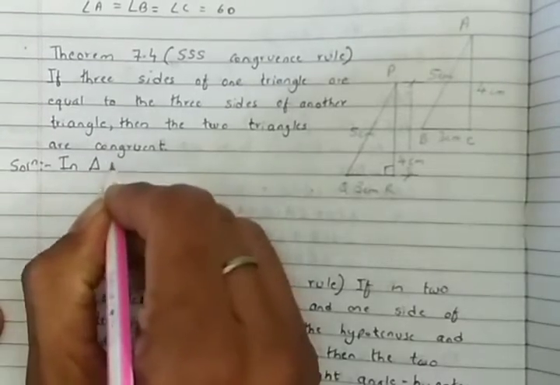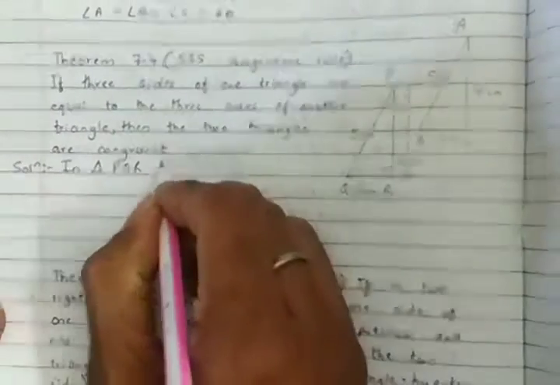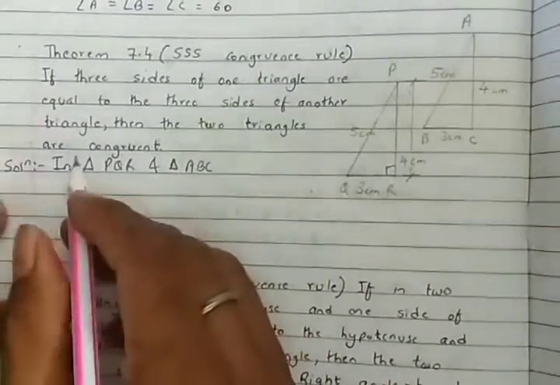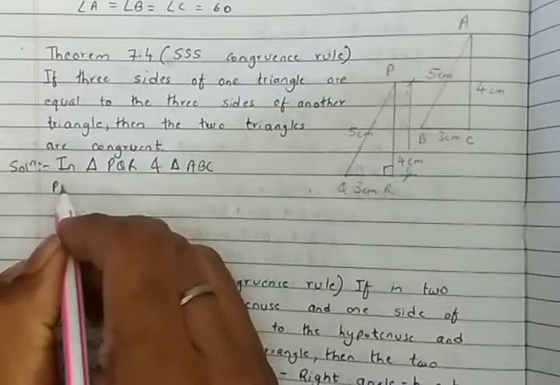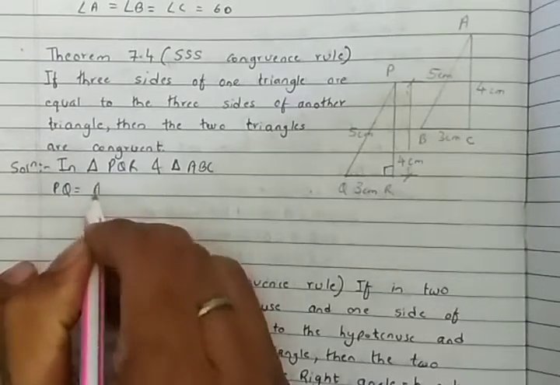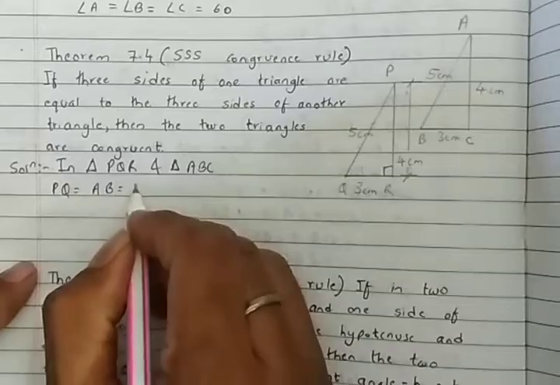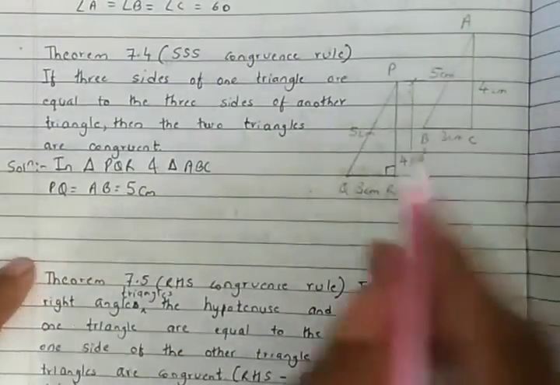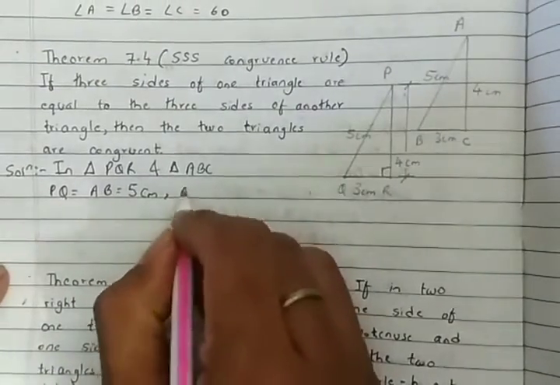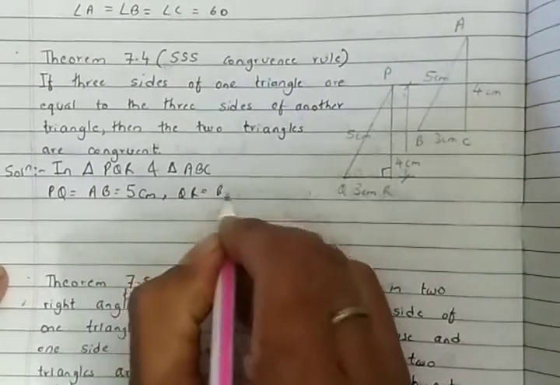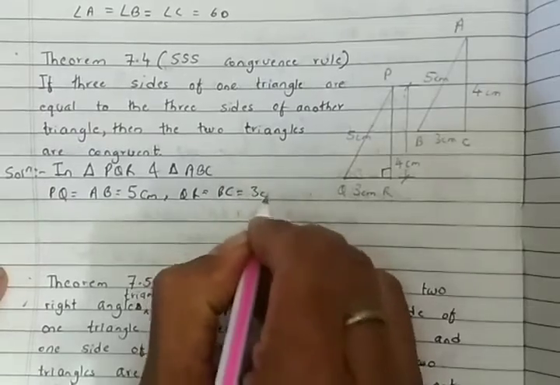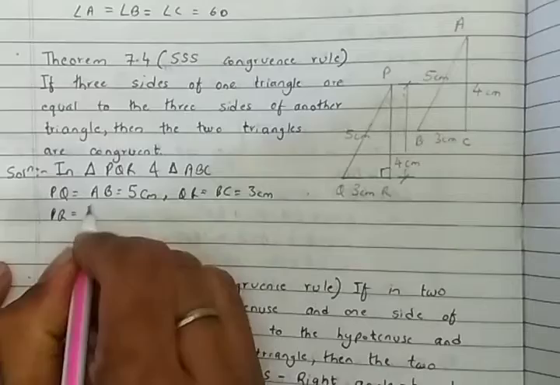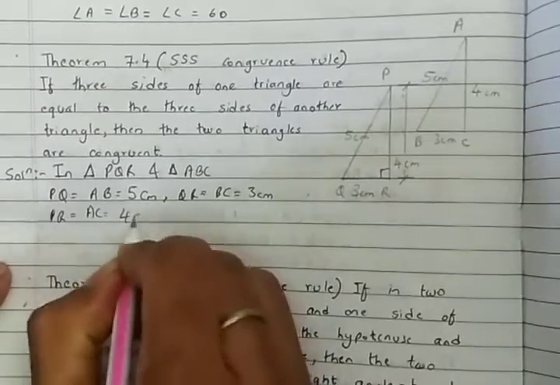In triangle PQR and triangle ABC, whatever information is given, we will write that down. PQ, the hypotenuse, is equal to AB, QR equal to BC equal to 3 centimeter, and PR equal to AC equal to 4 centimeter.